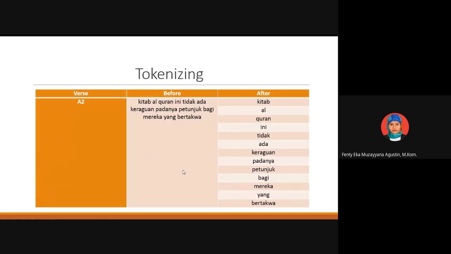Tokenizing: we change the sentence to be tokens or terms.